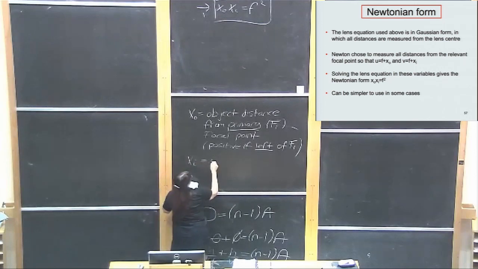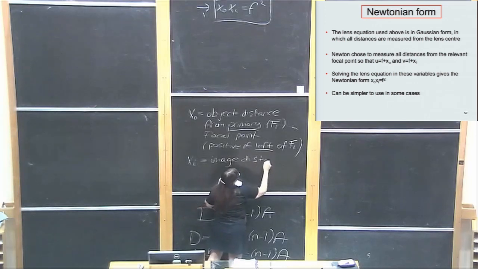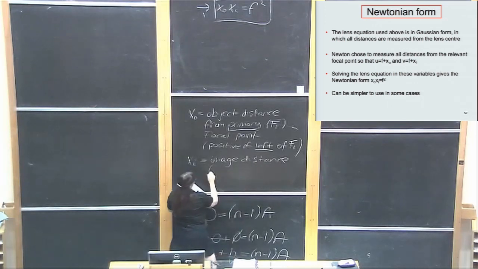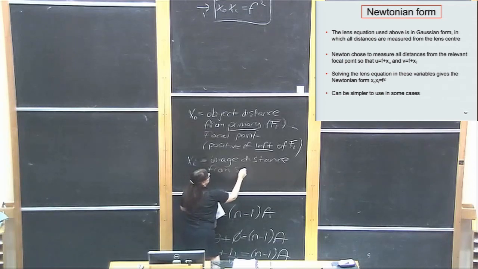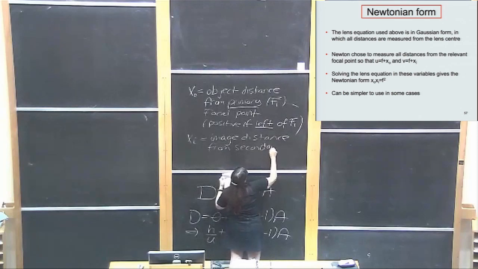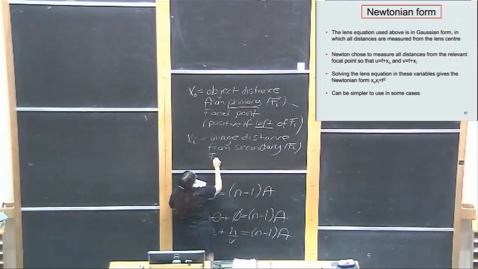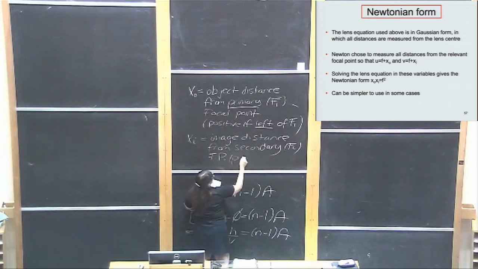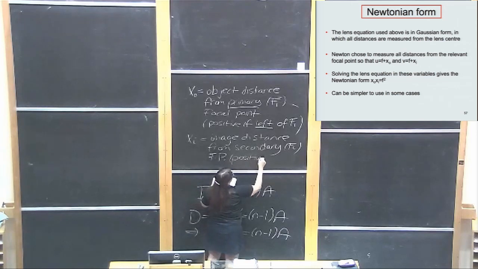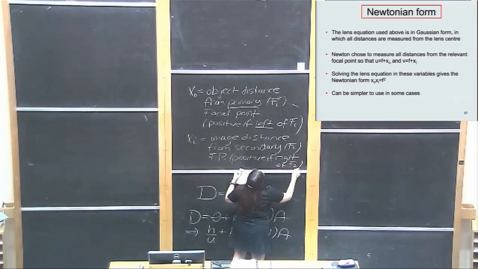Xi is going to be the image distance from the secondary F2 focal point, and it is going to be positive if right of F2.